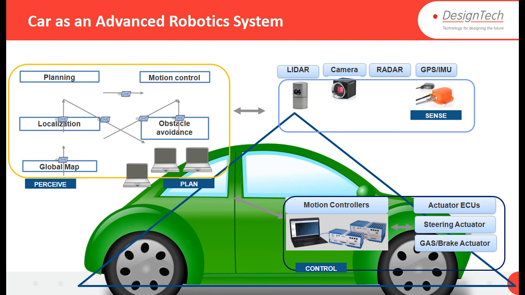There are certain things we need for that: planning, localization, global mapping. This is the perception, and based on it, the plan. Motion control, how we are going to control this autonomous system. Obstacle avoidance, if in front of the car there are some vehicles or bicyclists, then how will it avoid them, how will it take the decisions.